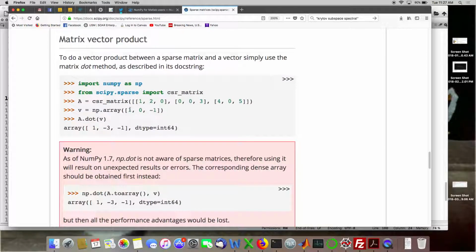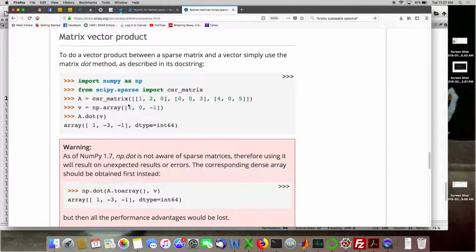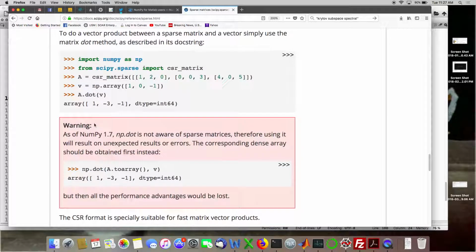Because here they tell you can use dot. Oh, dot. I see. Warning: do not use np dot or NumPy dot on sparse matrices. It doesn't know what to do with them. However, there's a dot method of sparse matrices that does have a desired effect.